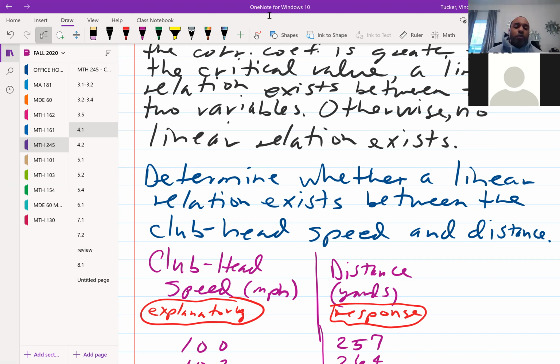So club head speed will be in miles per hour, distance will be in yards. And so our club head speed will be the explanatory variable, while our distance will be the response variable. So when you swing the club, the distance the ball travels is responding to how fast he's swinging the club, or the club head speed will explain the distance that the ball travels.